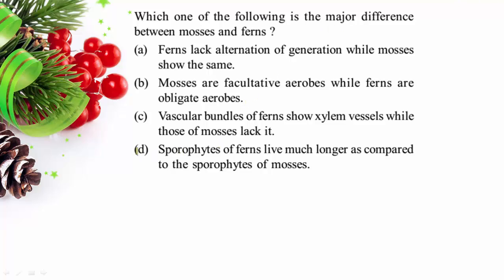So the right answer is option D, because in ferns the plant body is the sporophyte, as ferns are pteridophytes, and in pteridophytes the sporophyte is the dominant generation, while gametophyte is the dominant generation in mosses. So sporophyte of the ferns live much longer as compared to the sporophyte of mosses.